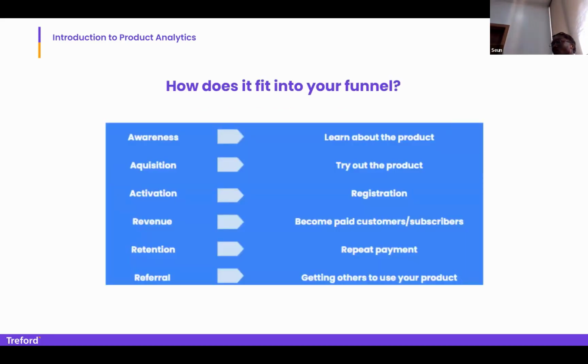The next step is we're going to be looking at how product analytics fits into your funnel. When users download, say, the FitFarm app for the first time, or even before they download it, say they saw an ad or a Google app that was being deployed via different marketing channels, for example. From that point on, where users are still getting awareness about the product, we already should start tracking.